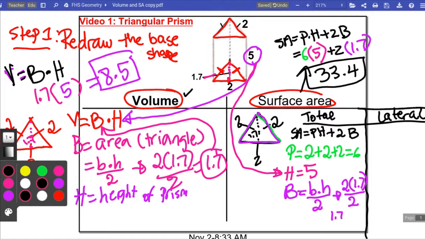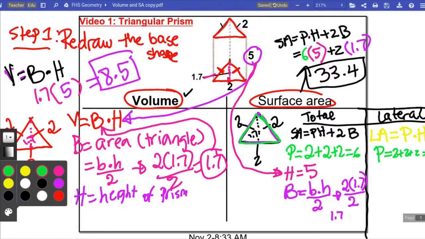Now let's move on to the lateral. The formula for lateral is very simple. The notation for that is LA. P times big H, right? So let's find P again. We already know what P is. It was the perimeter of this triangle: 2 plus 2 plus 2, which gives us 6.